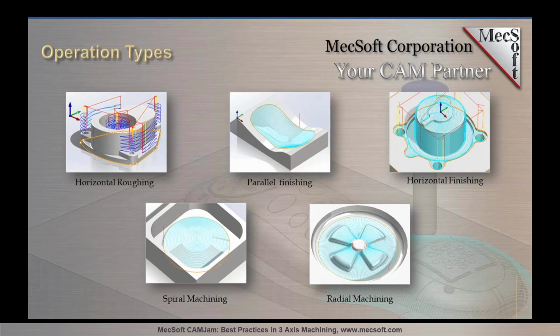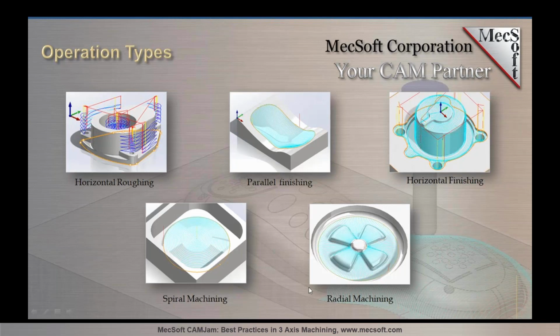And so we do have an option in that case called optimized machining, which Uday will touch upon, to be able to also take care of the flatter areas, since this horizontal finishing strategy is more suited for vertical rather than horizontal areas.